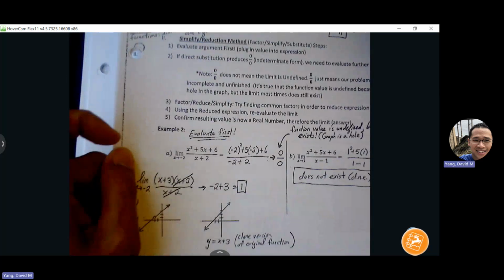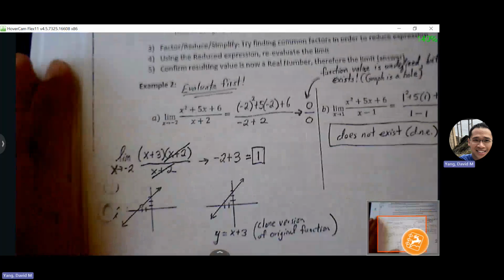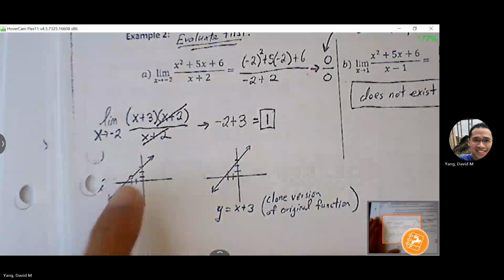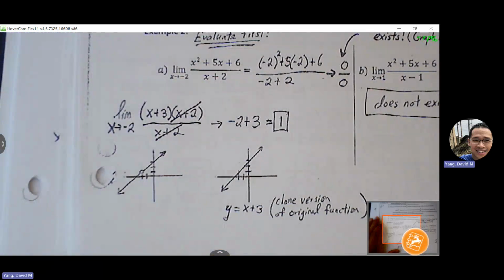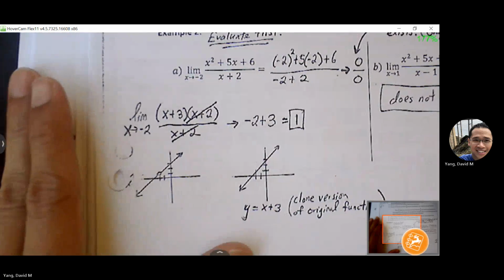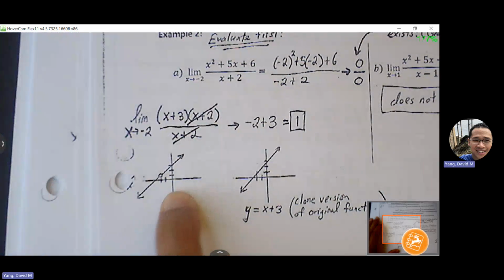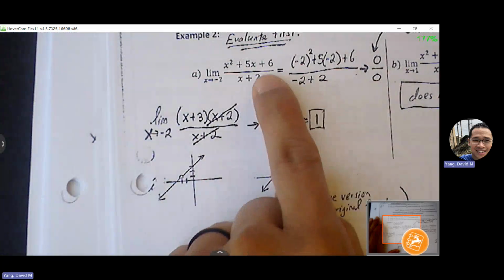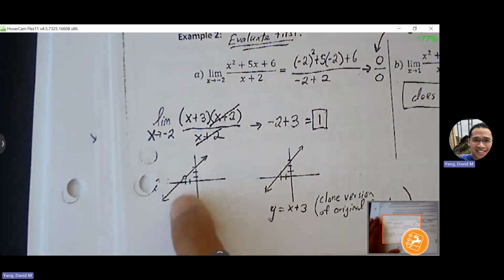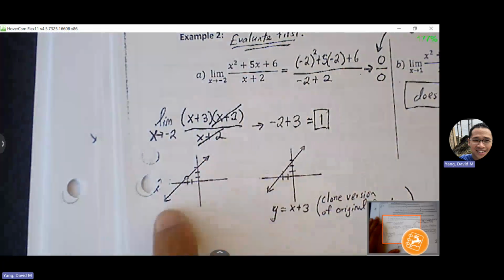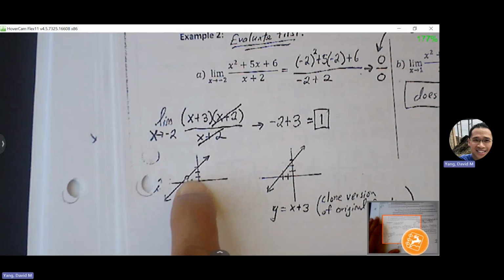So just to give you a graphical perspective as to what's happening, this was the graph that we were trying to evaluate the limit for. There was a hole here, and that's why we're getting 0 over 0, because algebraically we're not able to get to where that y value was, because that y value doesn't exist.